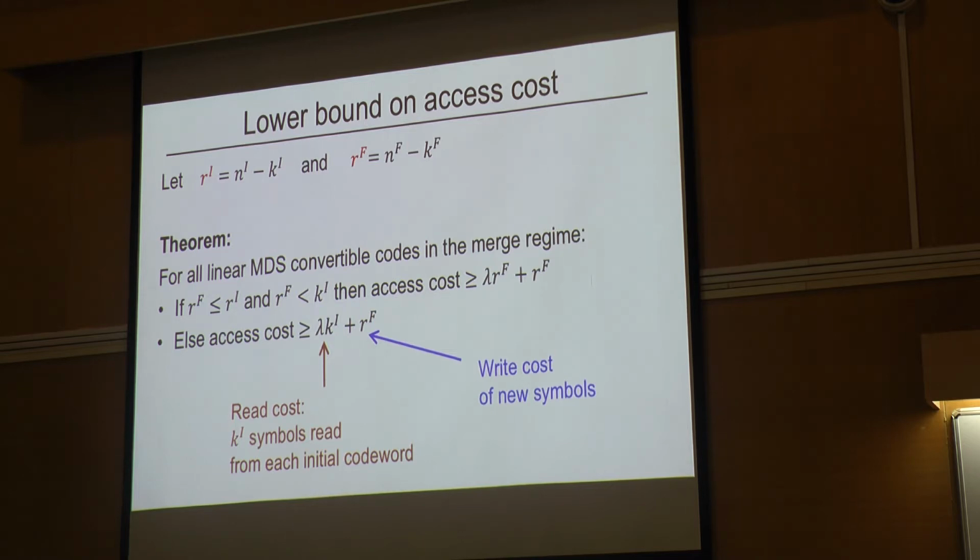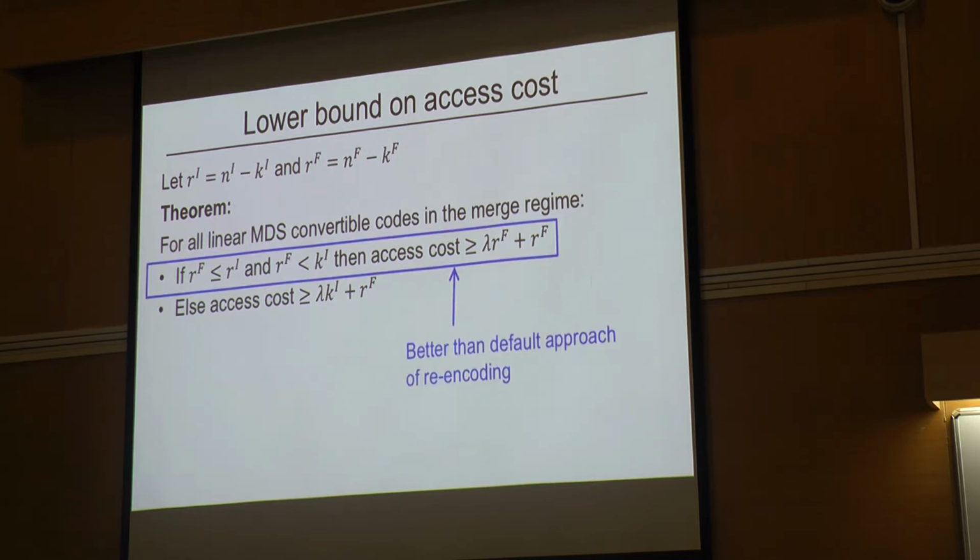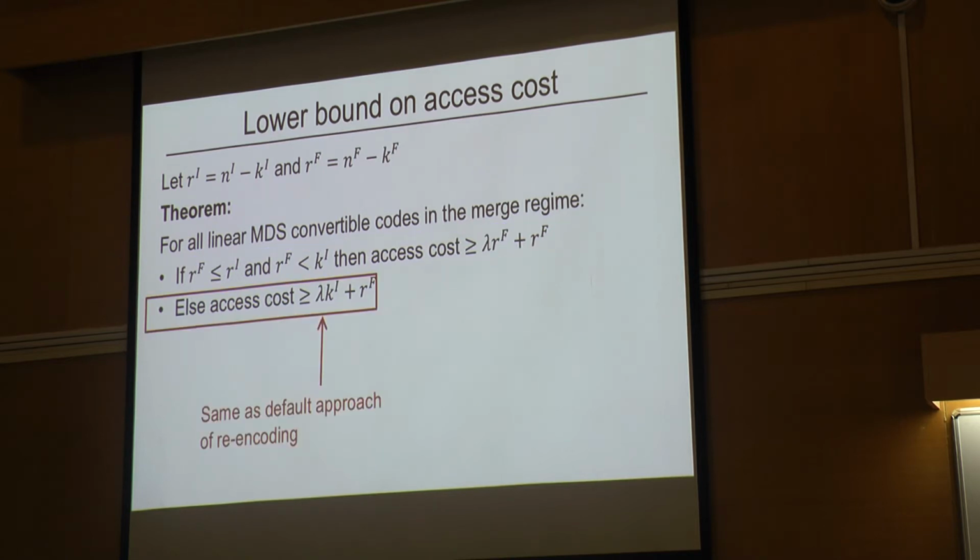So only RF new blocks would be written, and this would be the cost for the default approach. So basically, it's only in the first case we can do better than the default approach. This lower bound is saying that in the second case, we cannot do better than the default approach. So the cost in the second case is the same as in the default case.